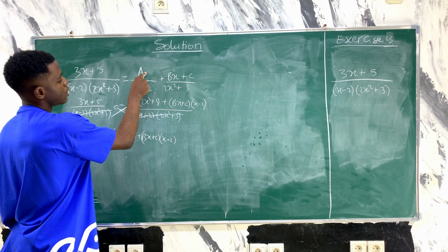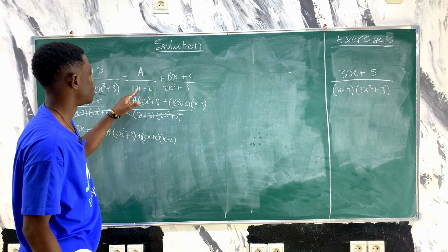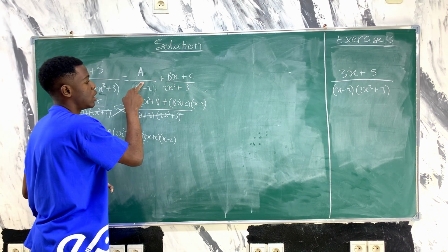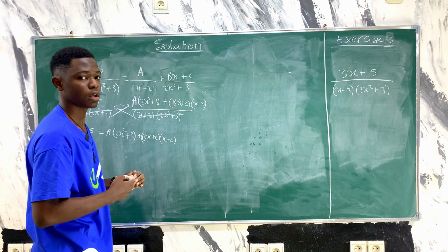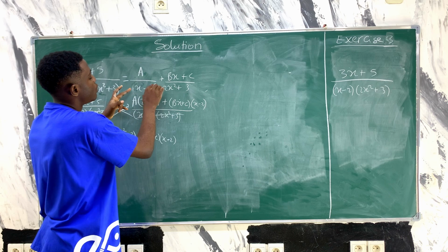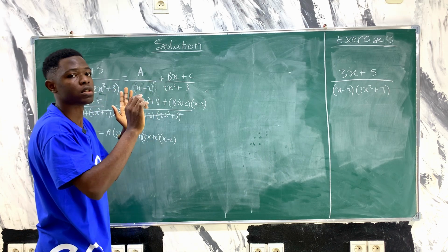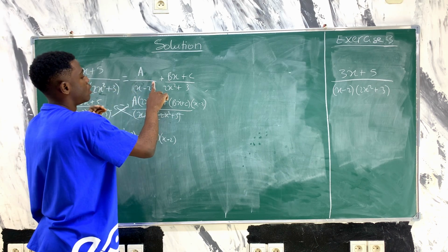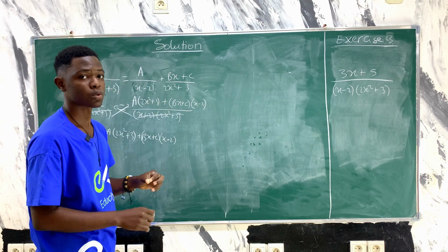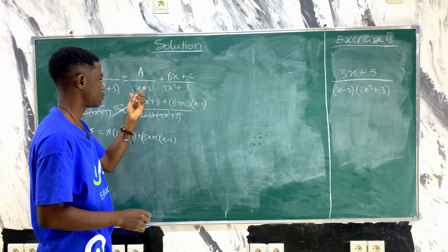I can use the cover-up method just on A because A does not have a quadratic. If there was a square here, I would not have been able to use it. So when there is no square, that's when you are sure you can use it.